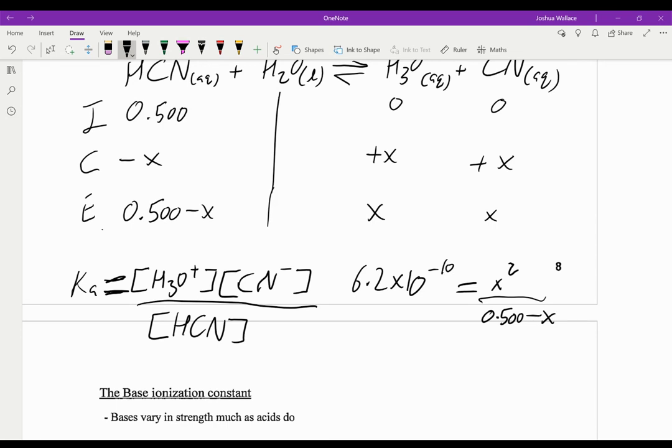What we would do is we would have to multiply this to both sides. But before we even do that, we know that this value of x is going to be super small. So we'll actually just cross x off, and that way we can simplify this down. If we don't do that, we do have to use the quadratic equation, which is the more appropriate way to do it.